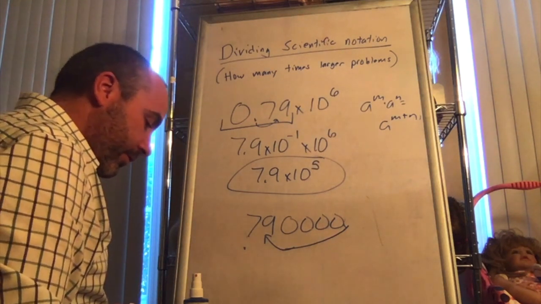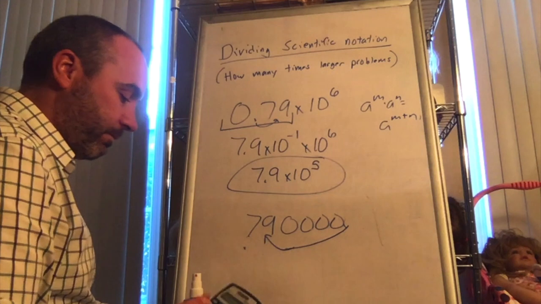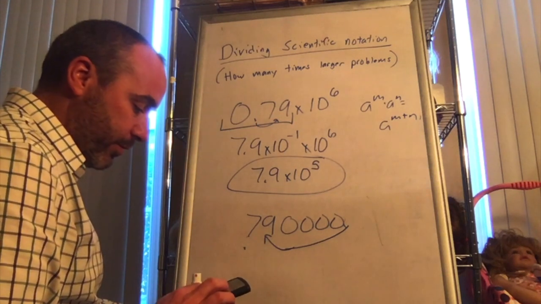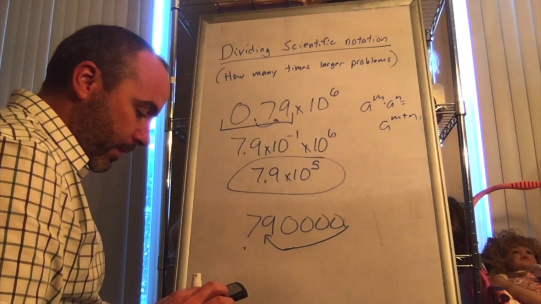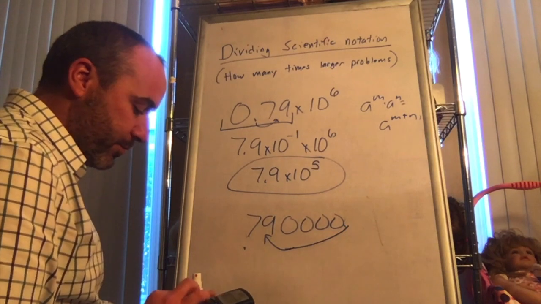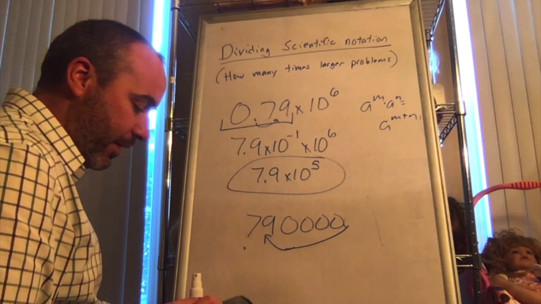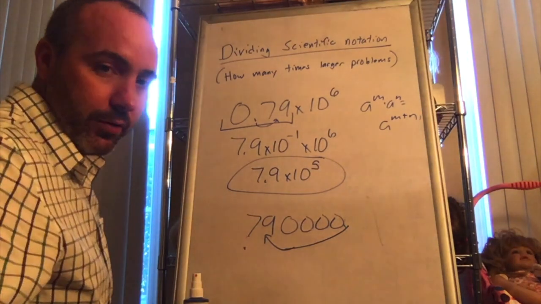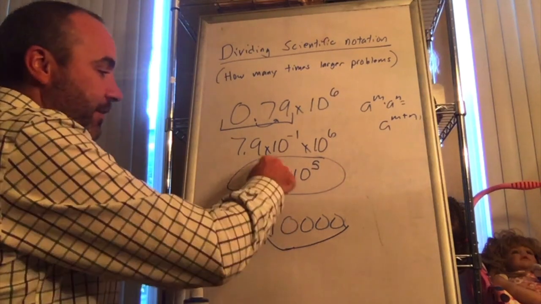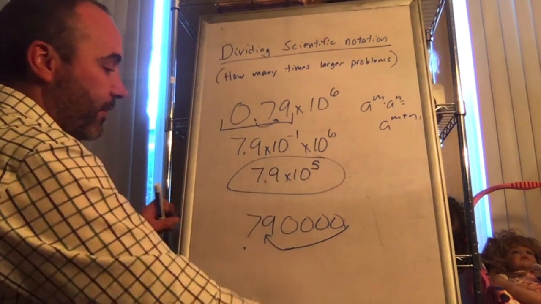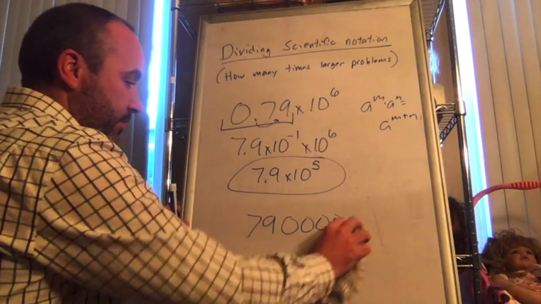You could have done, and I'm blanking on what my numbers were at this point, I think it was 57 billion or 5,700,000,000. You could have divided that by 7,900 and you would have gotten this number.